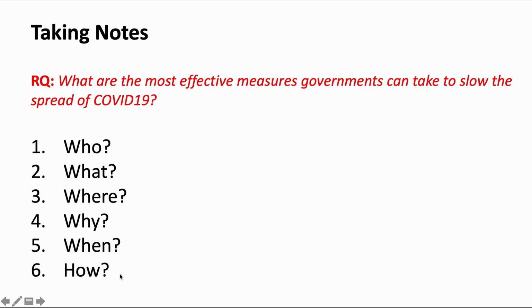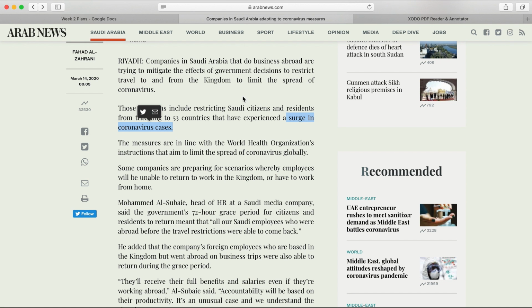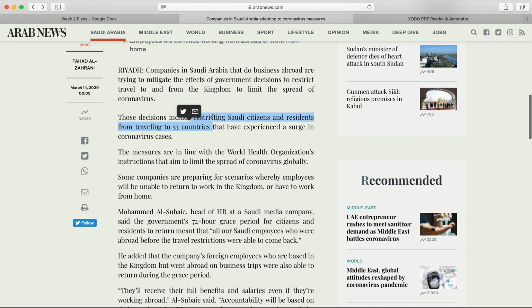And then the last question, how? How are these measures slowing down the spread? Well, we have restricting travel, so people cannot move, so people cannot hopefully get the virus.